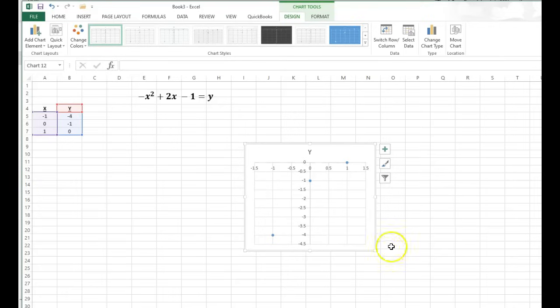It looks like as we're going from negative to positive on the x-axis, minus 1 is minus 4, 0 would be minus 1 for y, and then 1 for x would be 0. That's your answer right there, but let's see if it keeps on going up or down.